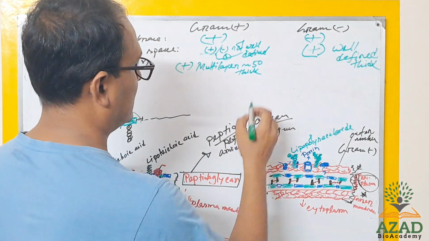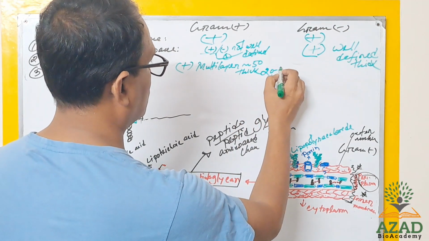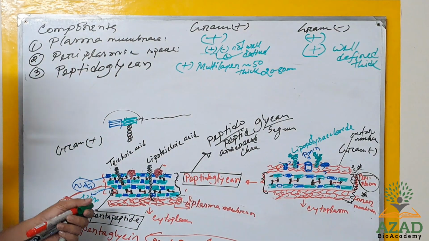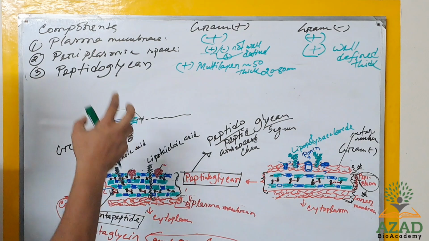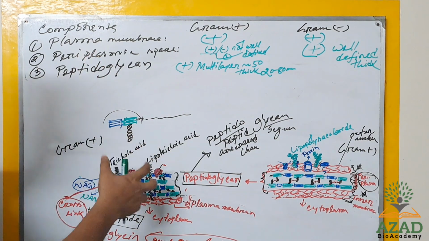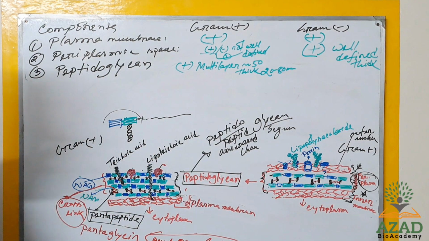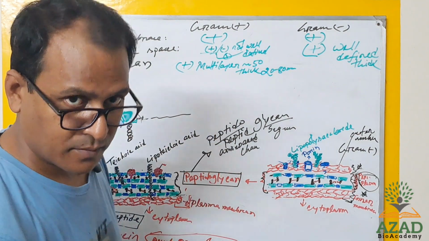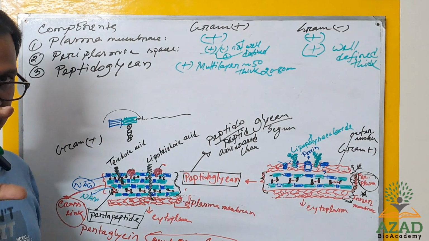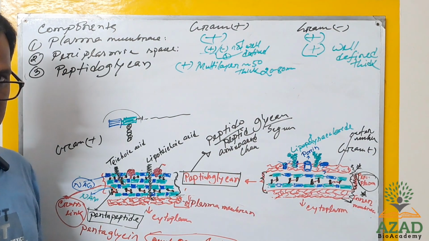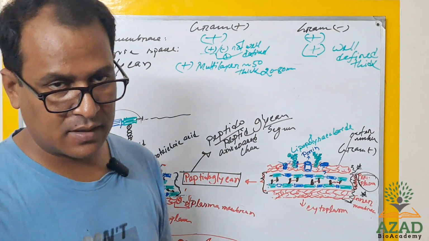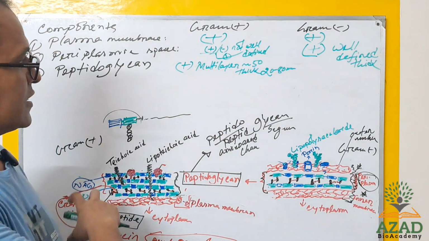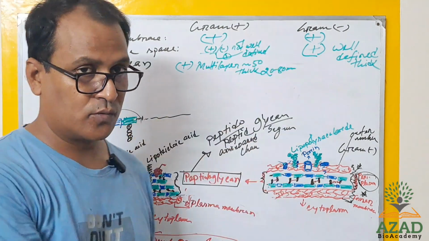It is very thick, and the thickness could be 20 to 80 nanometers. That means highly thick. The basic thing about peptidoglycan in gram-positive bacteria is that the outer cell membrane carries multiple layers of peptidoglycan, up to 50 layers, and the total thickness can be 20 to 80 nanometers.